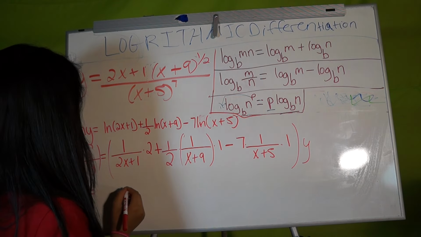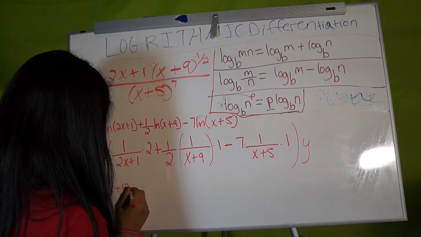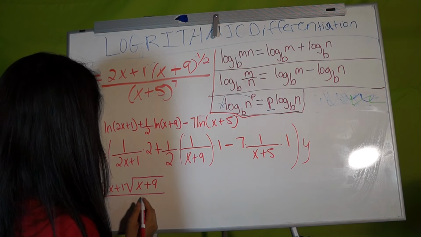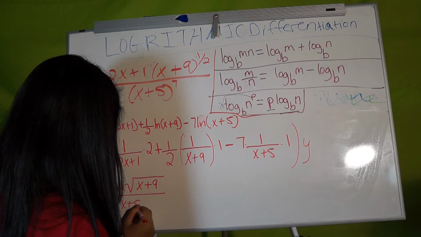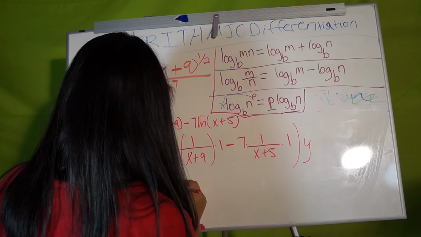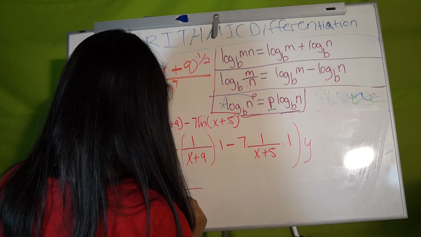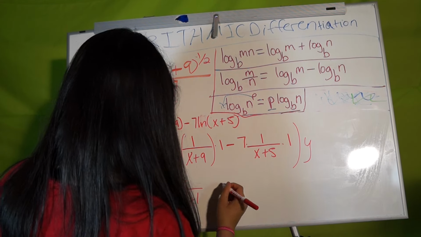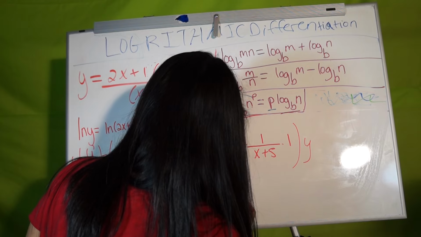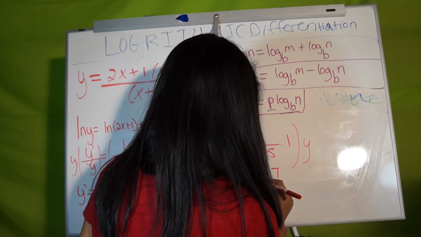So it'll be 2x plus 1 times the square root of x plus 9 all over x plus 5 to the 7th power times, this 2 goes on top, so it'll be 2 over 2x plus 1, plus 1 over 2x plus 18, minus 7 over x plus 5.